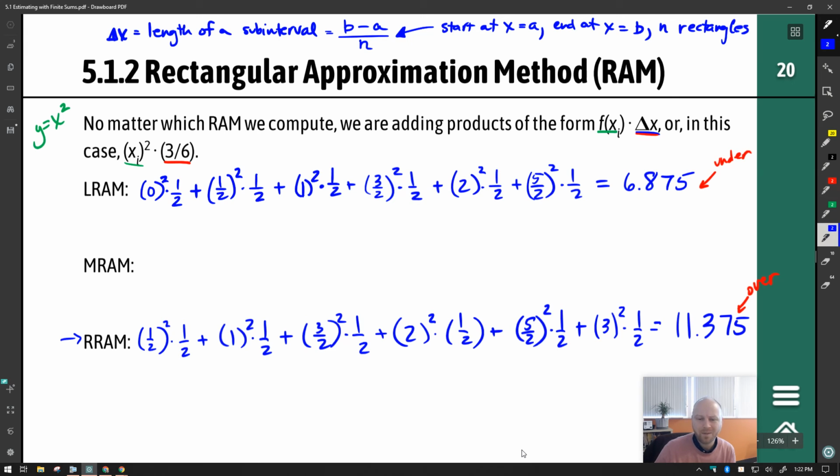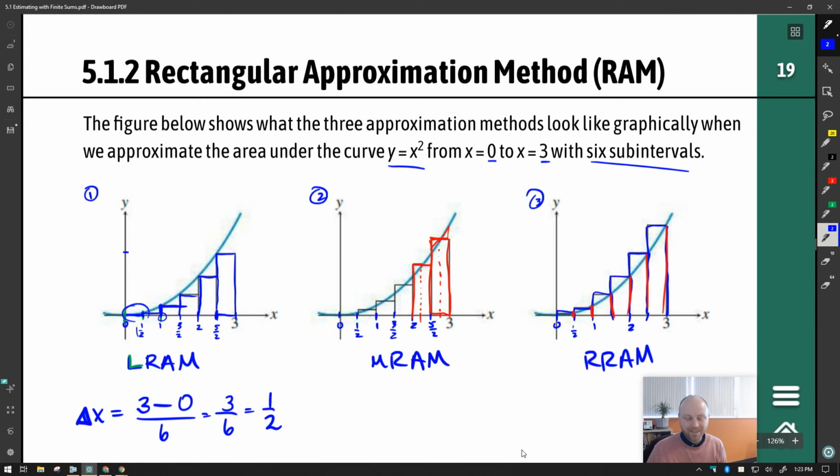MRAM might give us a better idea. So MRAM is the one that's slightly different than the other two, right? Because even though the width of every subinterval stays the same, we get the height differently. We have to look at the midpoint. So here's what we're going to do in the MRAM diagram here. What is right in between 0 and 1/2? Well, that's 1/4.